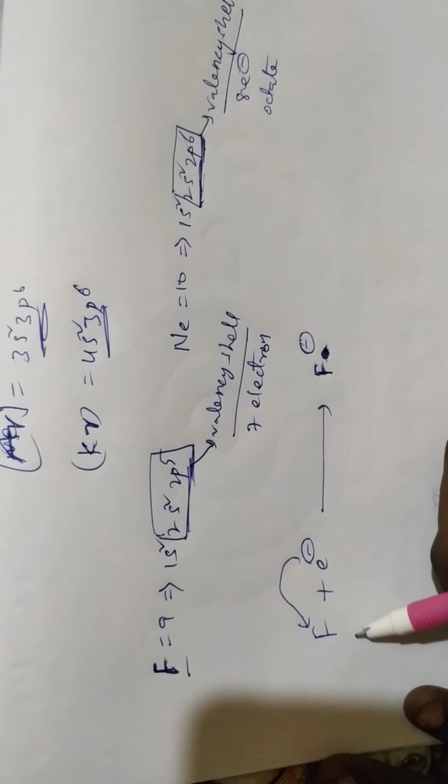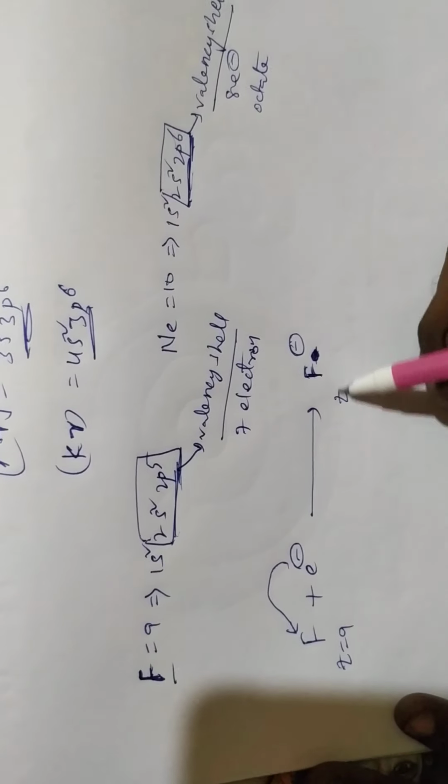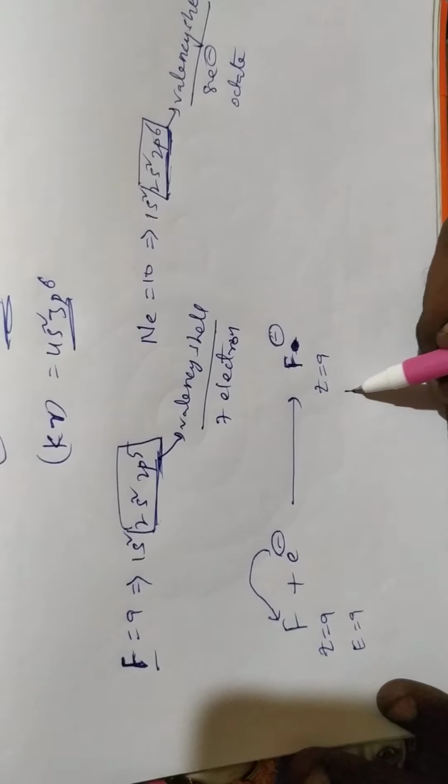The atomic number of fluorine is 9 in both, but here the electrons are 9, and here the electrons are 10.